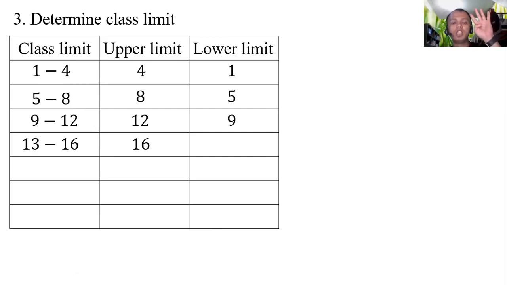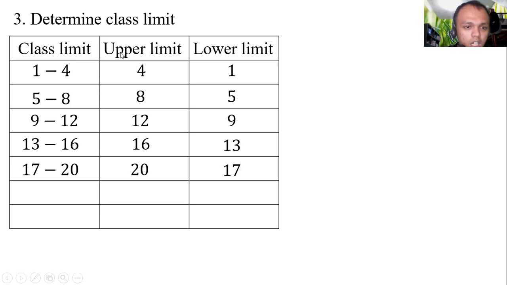Upper limit is 16. Lower limit is 13. Next, nag-end tayo kay 16. 17 naman. 17 to 20. 17, 18, 19, 20. 4 intervals. Hindi yan 3, ha? 4. Pag sinabing intervals mismo, yung number of scores na ini-entry natin, hindi yung difference. Upper limit is 20, lower limit is 17.